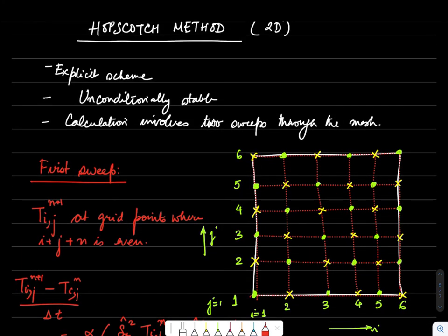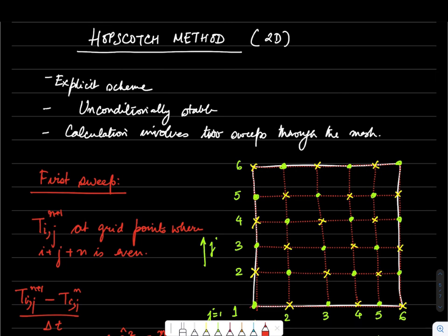So this is the hopscotch method, which sort of completes our discussion on transient heat conduction problems. From the next lecture, we look at convection diffusion problems in finite difference methods.